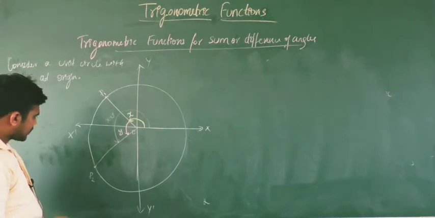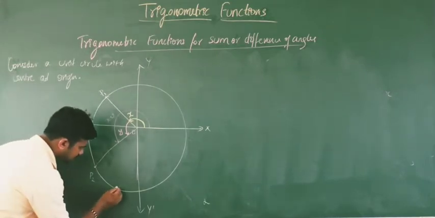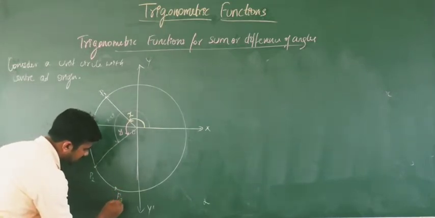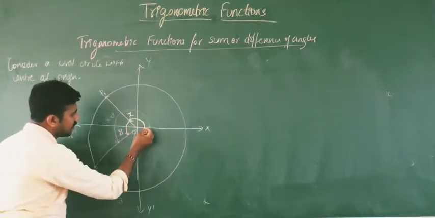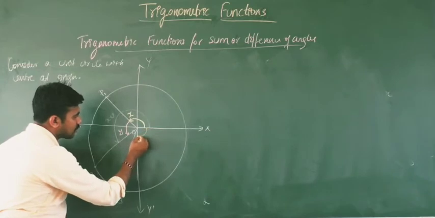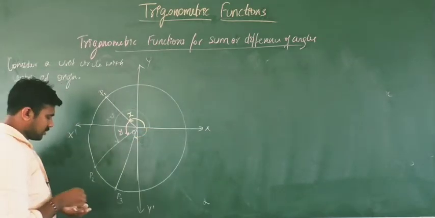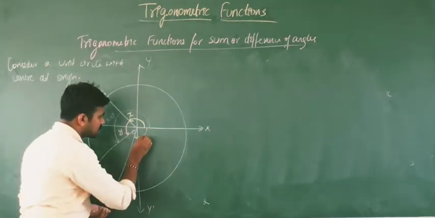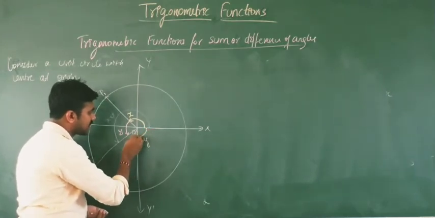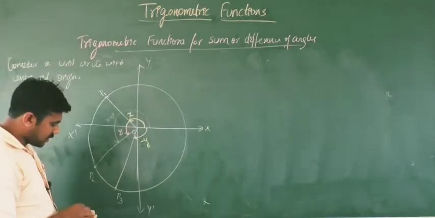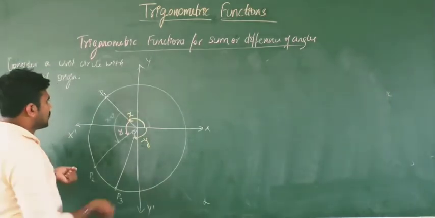And then consider another point P3 on the circle, with central angle in the clockwise direction being minus y, because here we get a negative angle in the clockwise direction.